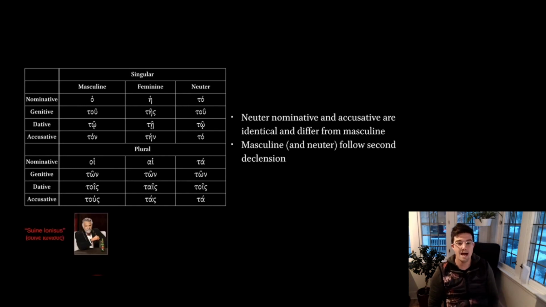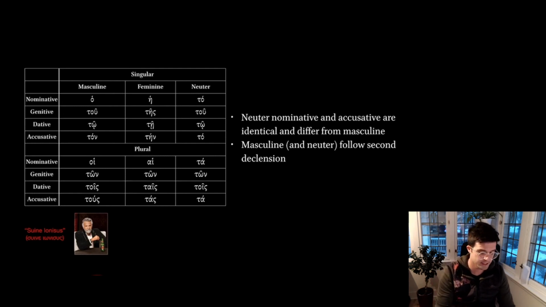So what we're going to do next is take out our neuters and take out our masculines and ask you to fill those in. So the way that I would suggest going about doing this is filling in the masculine first and then filling the neuter in from there. So remembering that the masculine follows the second declension mnemonic. Let's see if you can fill in the masculine definite article paradigm and then the neuter definite article paradigm on your whiteboard.